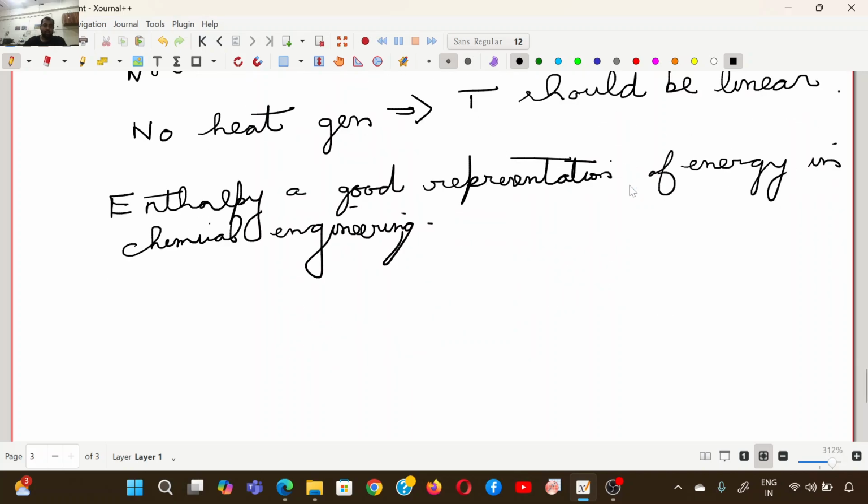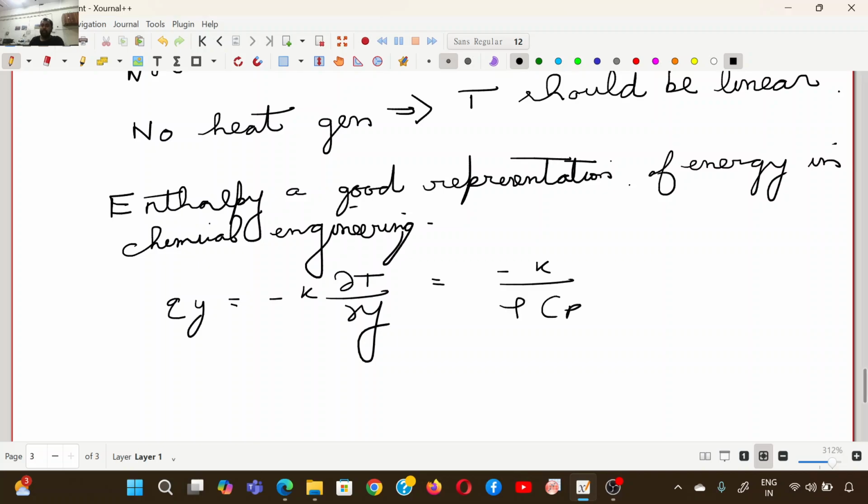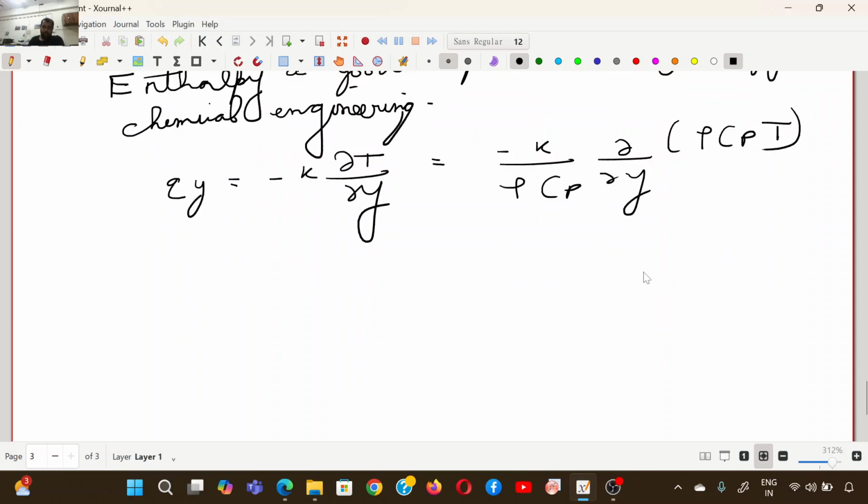So in Fourier's law, for instance in the y direction, the heat flux Qy we can take as minus k dou T by dou y. Let us divide and multiply by rho Cp. So it's minus k by rho Cp into dou by dou y of rho Cp T. If you're familiar with chemical engineering thermodynamics, this rho Cp T is just the energy term. So it's minus k by rho Cp into dou by dou y of the enthalpy, and k by rho Cp is alpha.